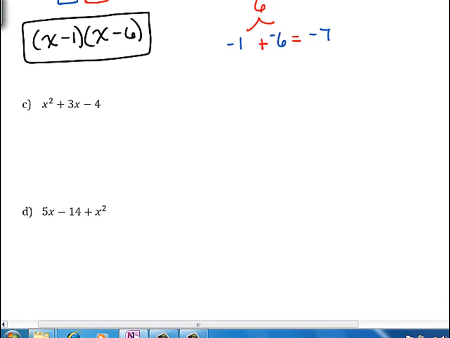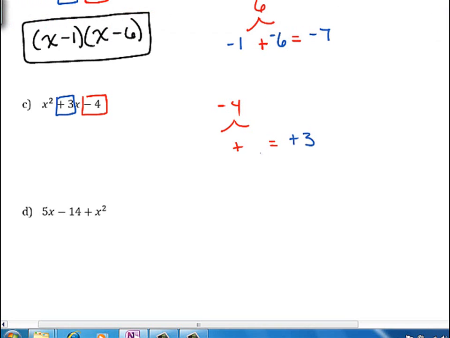In our next example, we have x squared plus 3x minus 4. So this time, we're taking this minus 4, and we want to factor it so when I add the factors together, I get the middle number, positive 3. There are only two ways to factor 4, 1 and 4, or 2 and 2.